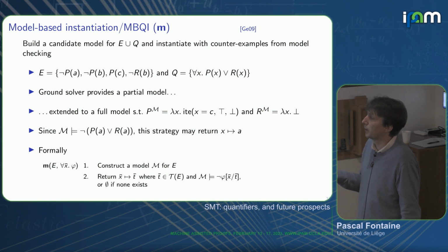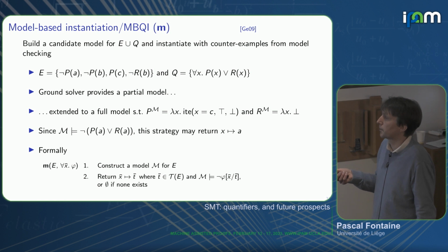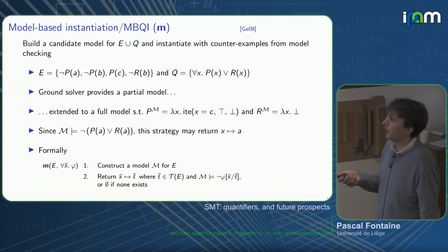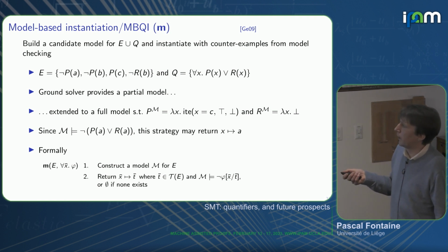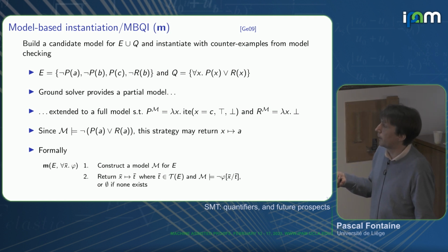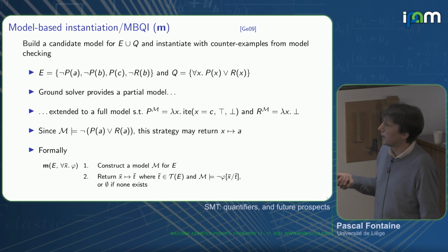So it has to make P of x true for x equal to c, and it makes P false for all the other cases. And the model would make R false everywhere, because R false everywhere will be consistent with this. So this is a model that would be extended from whatever information I have here.